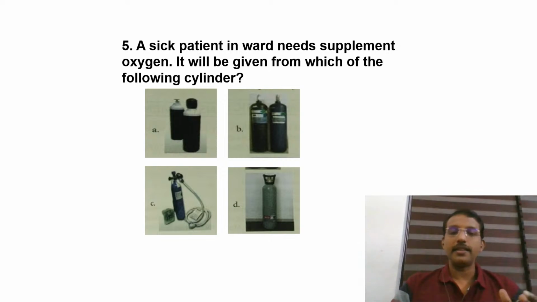No, in a way, they are just asking you which cylinder, or what is the color coding of an oxygen cylinder. Very good. All of you have got it right. It's a very simple question.